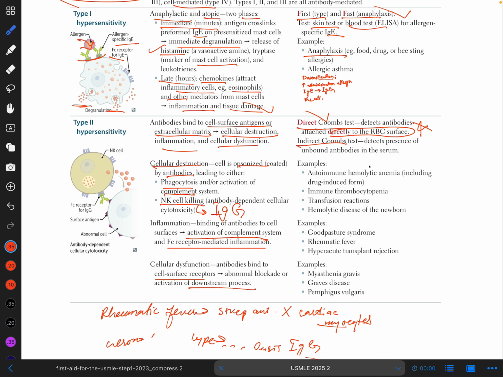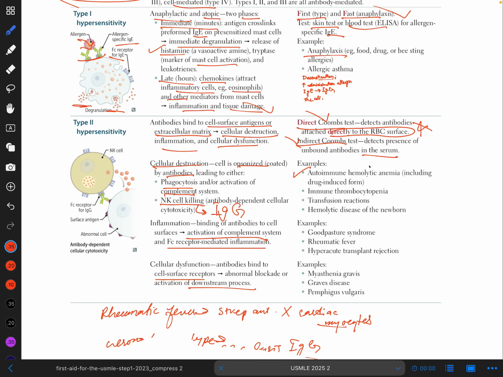The indirect Coombs test detects the presence of unbound antibodies in the serum. If the antibodies are attached to the RBC surface, it is the direct Coombs test; if there are unbound antibodies in the serum, it is the indirect Coombs test.